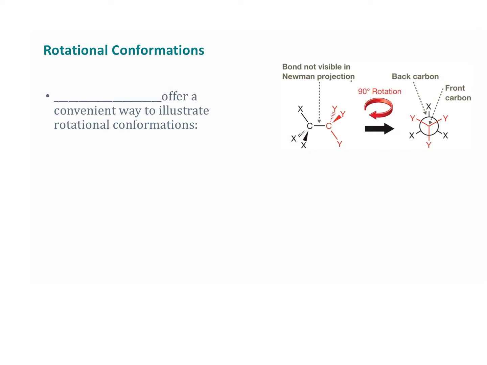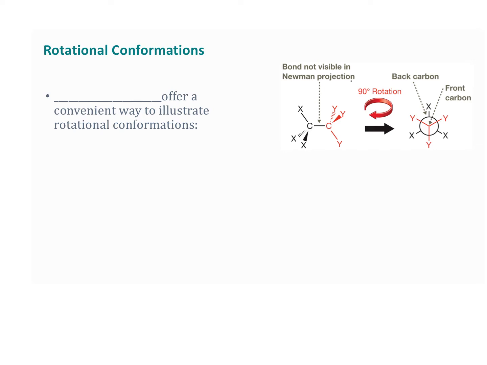But notice only one is down and these two are up. This can twist where only one can be up and two can be down. So that's what we're talking about as far as different conformations that you could have with rotation. So it can change the way it looks.